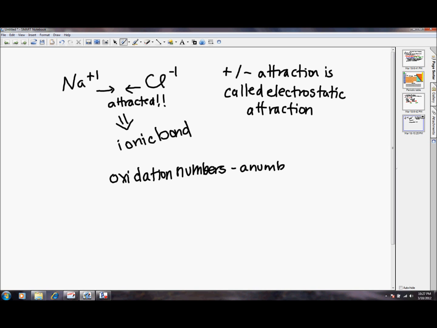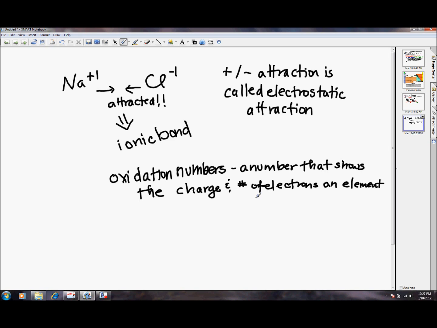This is a number that shows the charge, positive or negative, and the number of electrons gave away or took.